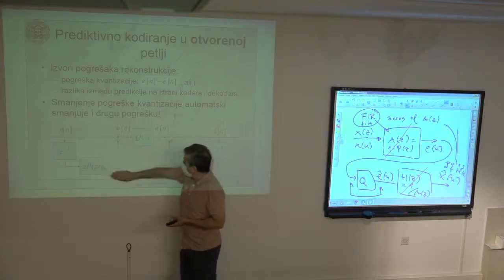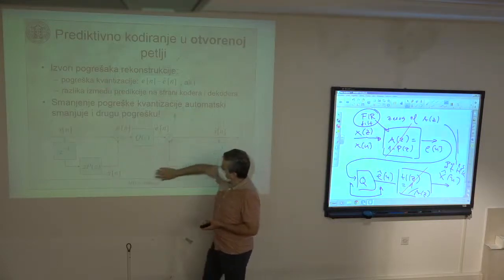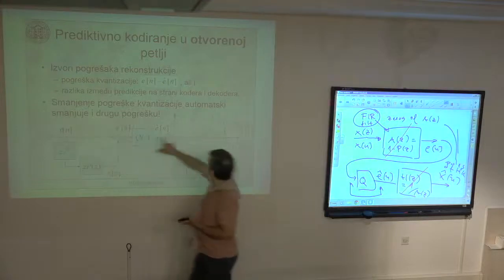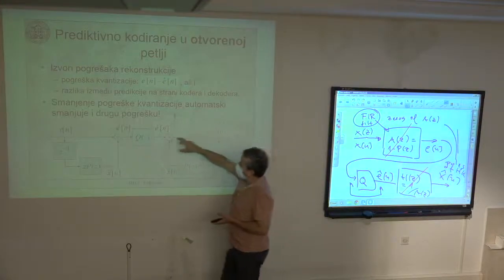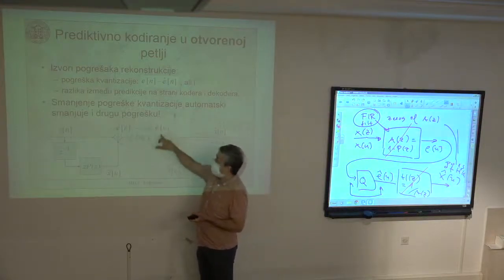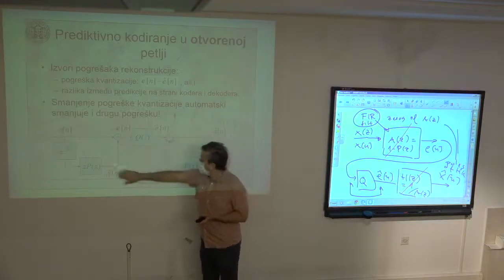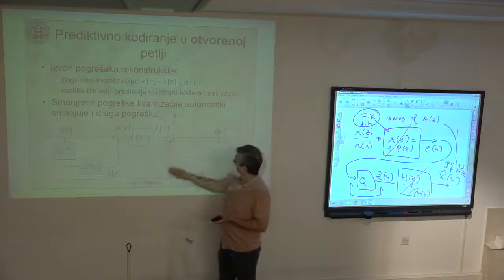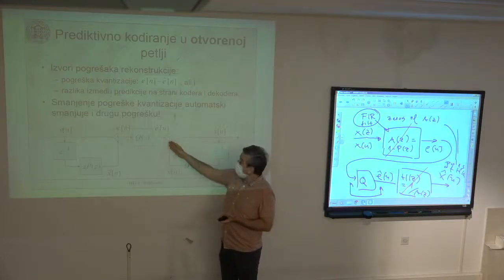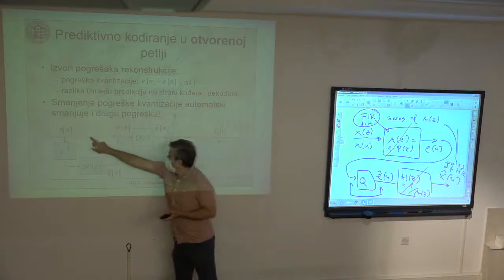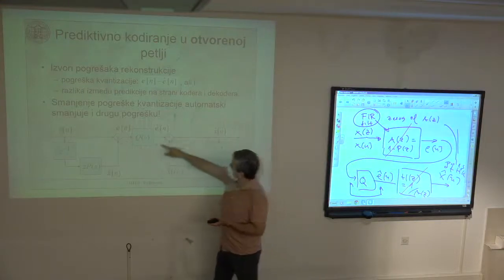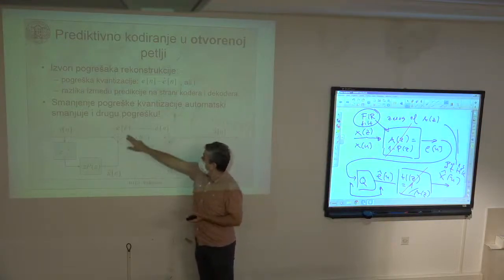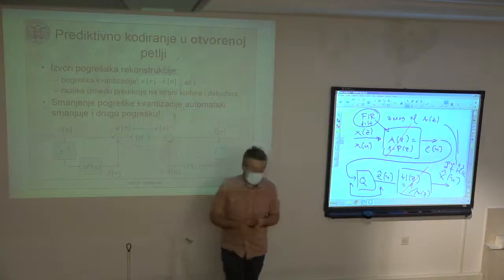So if this would be the same as this one, then the difference between x of n and x hat will be equal to the difference between E and E hat. So if these two are the same, what I subtract here, I simply add up back here. And the only difference between this line and this line is the difference due to quantization, difference between E and E hat.